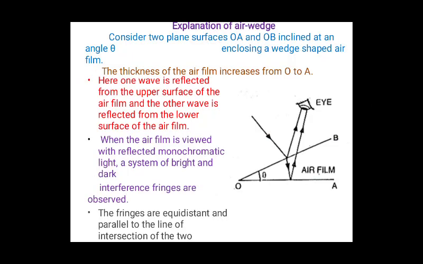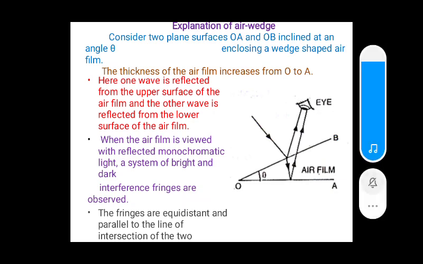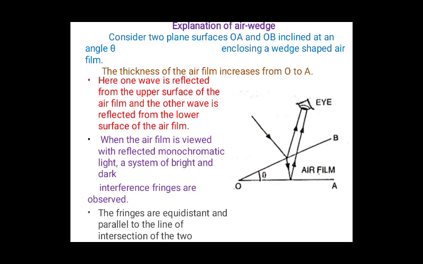Now, we will discuss how the interference fringes are produced with an air wedge. Consider two plane surfaces OA and OB inclined at an angle theta enclosing a wedge-shaped air film. The thickness of the air film increases from O to A. Here, one wave is reflected from the upper surface of the air film and the other wave is reflected from the lower surface of the air film.